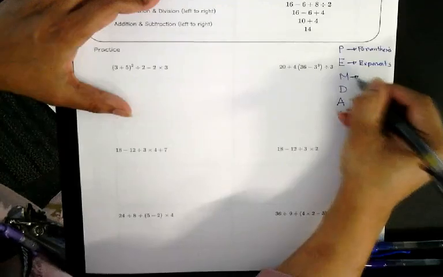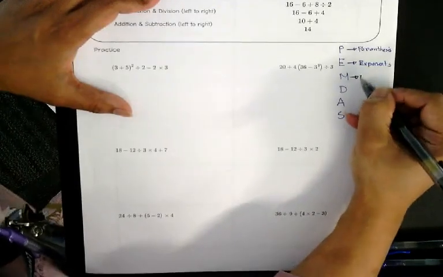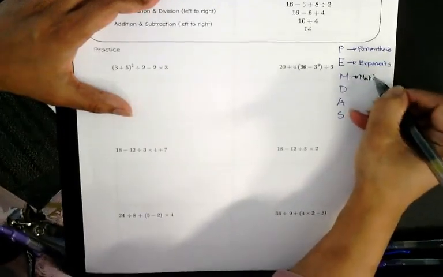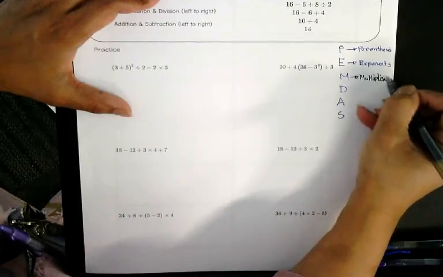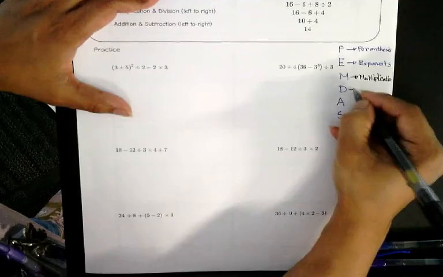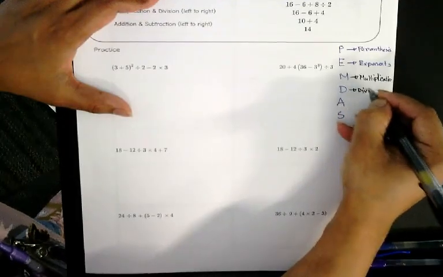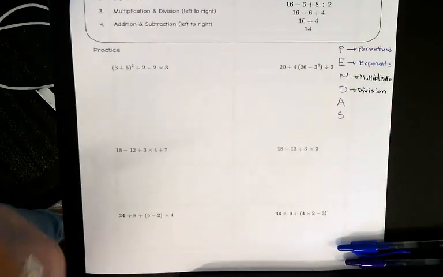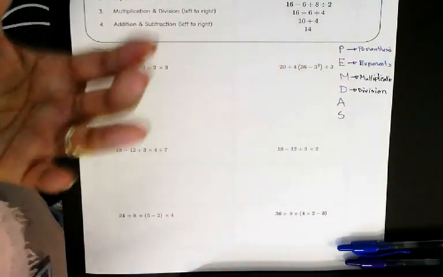M is what? Multiplication. D is what? Division. Okay. Now, multiplication and division, we're going to consider together.